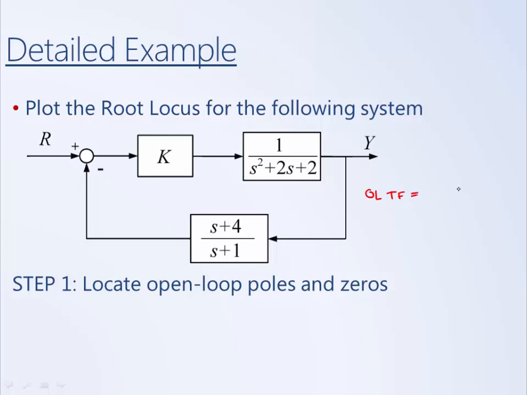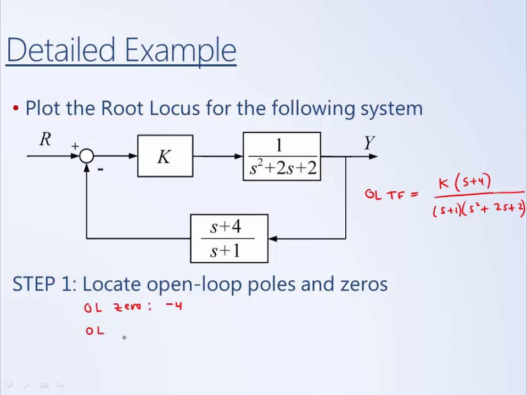The open loop transfer function is a gain k times the quantity s plus 4, divided by the quantity s plus 1 times the quantity s squared plus 2s plus 2. Just by inspection, we can very easily see that we have one open loop zero equal to negative 4.